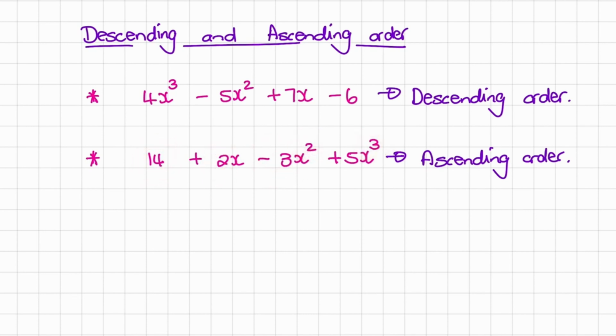So let's do two examples where we rewrite terms. Let's say I have 16x minus 7x squared plus 5 plus x cubed. And we want to rewrite this expression in ascending order. So ascending order meaning starting from nothing all the way to the highest power.